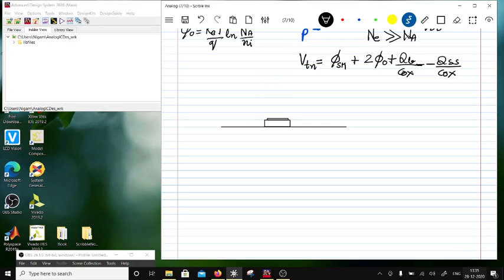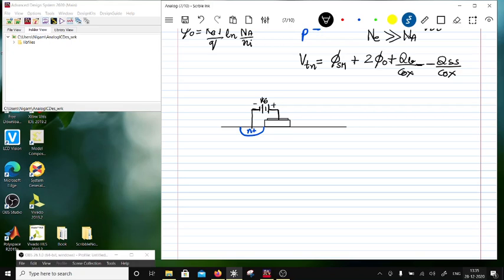Now I am going to apply a potential. This potential I am going to keep as VGS with respect to the source, and the source is like this. So this is the source terminal, and this is plus minus VGS.